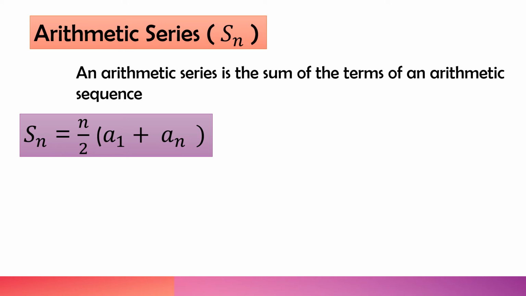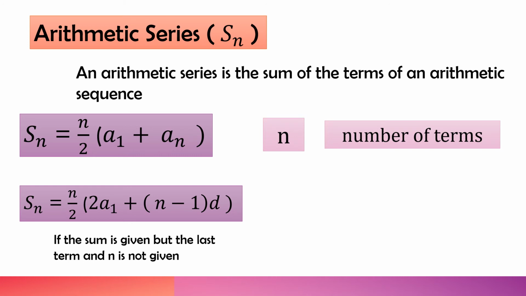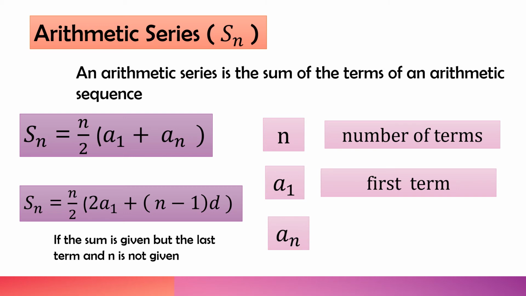S sub n is equal to n over 2 times the quantity a sub 1 plus a sub n, and S sub n is equal to n over 2 times the quantity 2 times a sub 1 plus quantity n minus 1 times d, wherein this formula is used if the sum is given but the last term and n is not given, wherein n is equal to the number of terms, a sub 1 is equal to the first term, and a sub n is the last term.